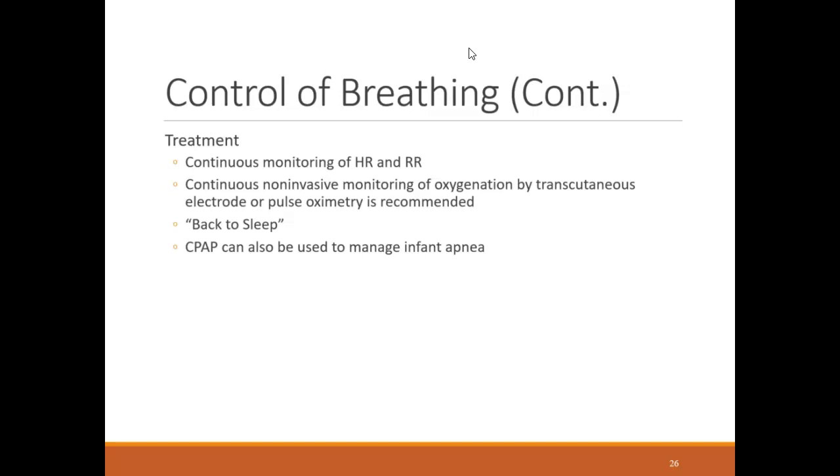Another method that we use is the back to sleep method. This was initiated quite a few years ago to try to help reduce sudden infant death syndrome from apnea, because of those weak neck muscles, large head size, positioning.